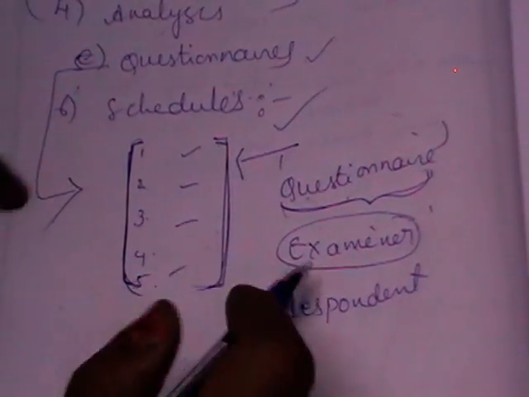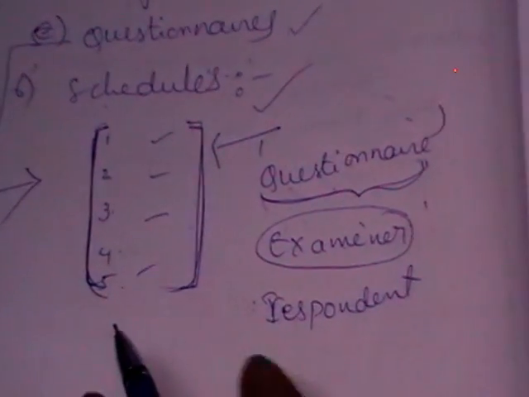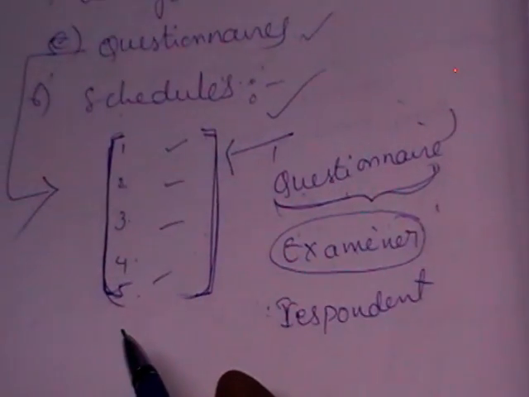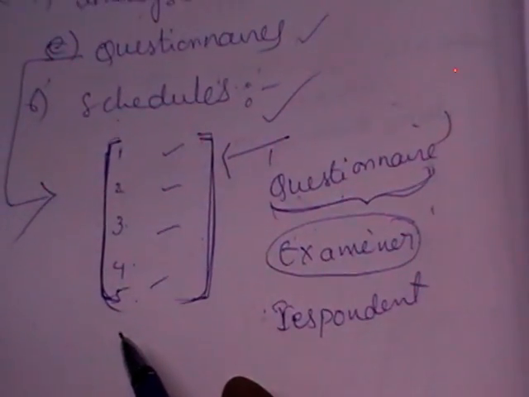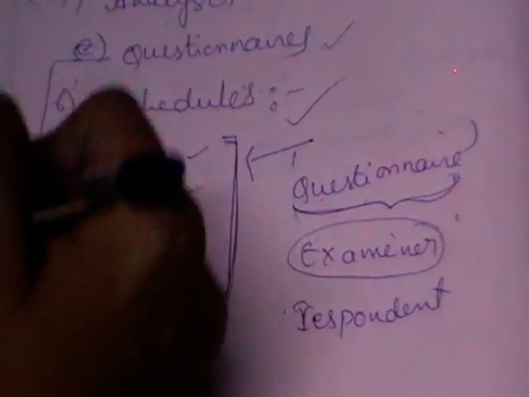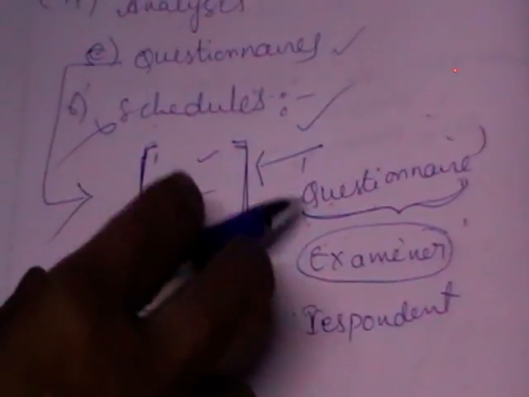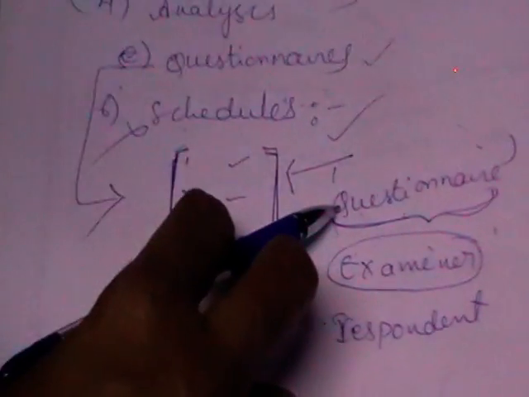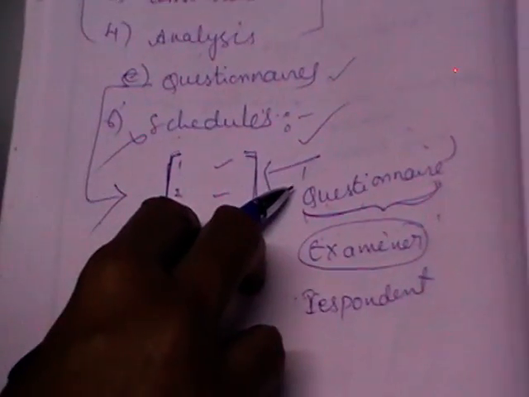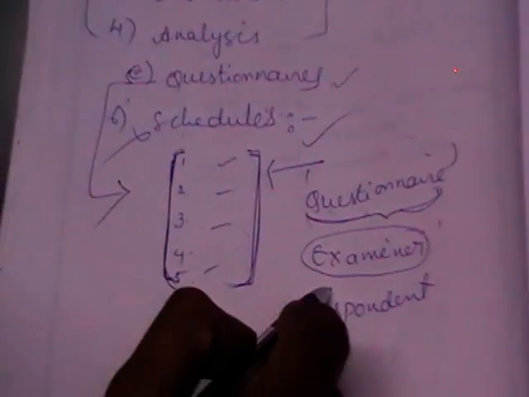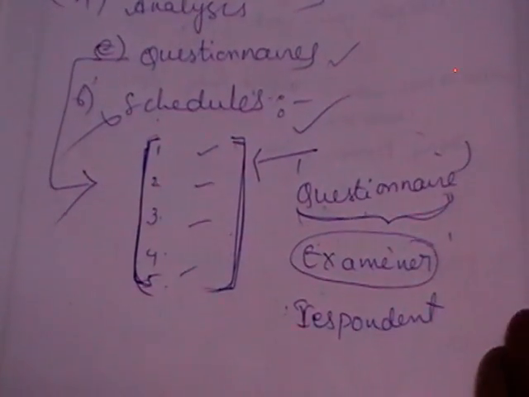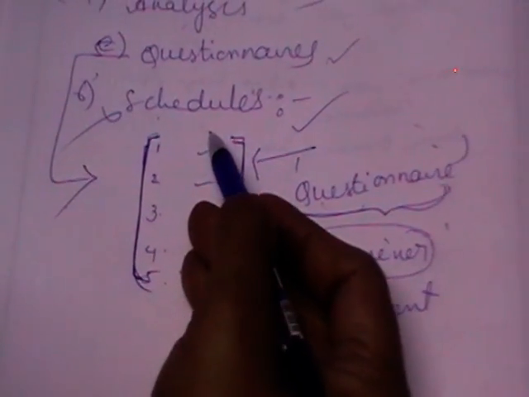A questionnaire is filled by the examiner, whereas a schedule is filled by the respondent. Why do we have two options? Whenever the respondent is illiterate, a schedule doesn't work out, and we should only go for a questionnaire. Whenever the respondent is willing to answer the questions, instead of wasting time, we can go for schedules.